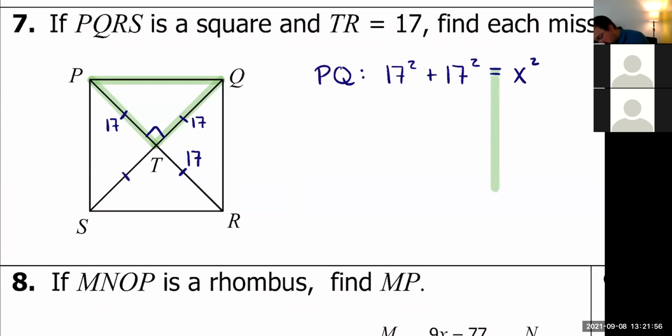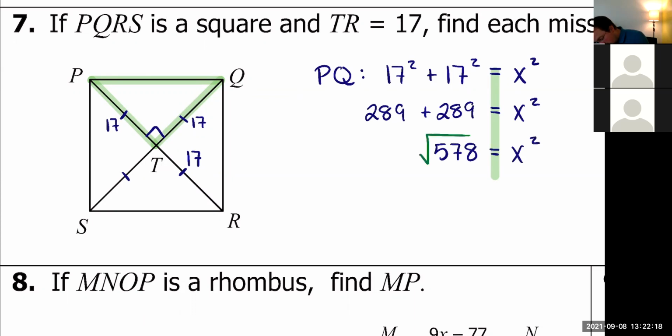What's 17 squared? 289. So I have 289 plus 289. What do you get when you add those together? 578. And then square root both of them.